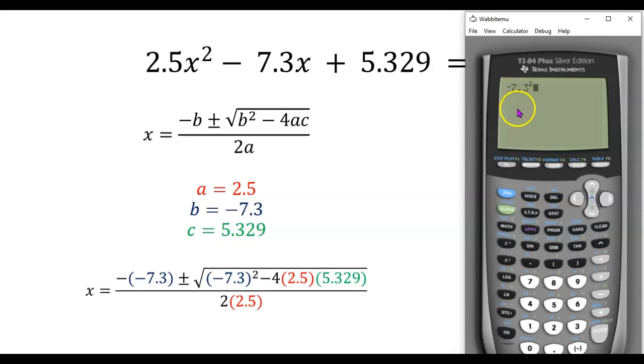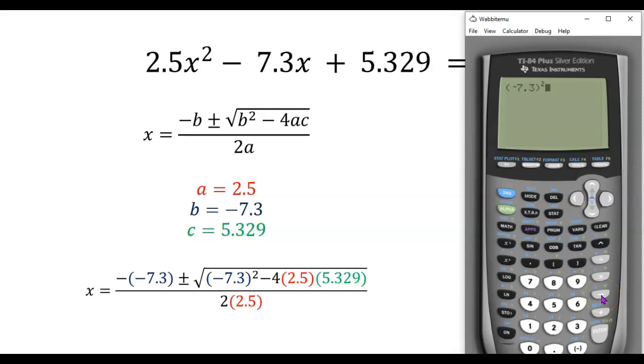So to make sure the answer comes out positive like it's supposed to, I have to either put parentheses around that negative number that I want to square, or I could just put it in as 7.3 squared. Since I know it's going to come out positive anyway after I square it, I can just leave the negative out and put it in as 7.3 squared.